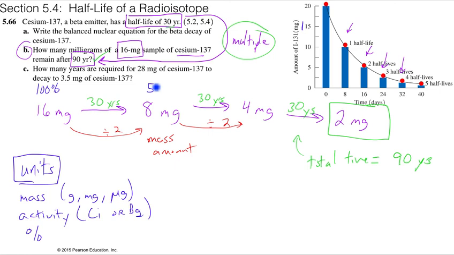After one half-life, I go to 50%, 25%. This would be 12.5%. And so percent can also show up as a unit with these types of calculations. But again, you handle it just like mass, you handle it just like you would activity. Divide by 2, divide by 2, divide by 2, for however many half-lives you need to add up with the amount of time that is being referred to.